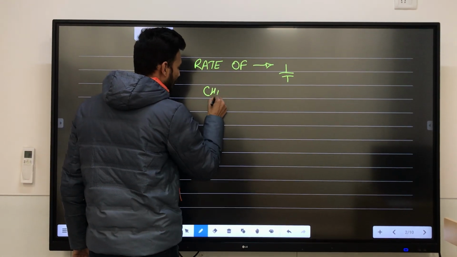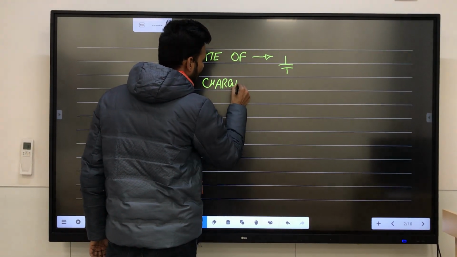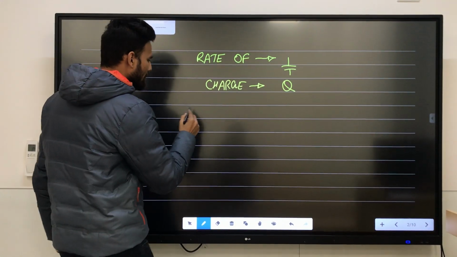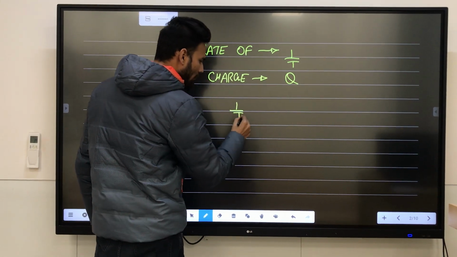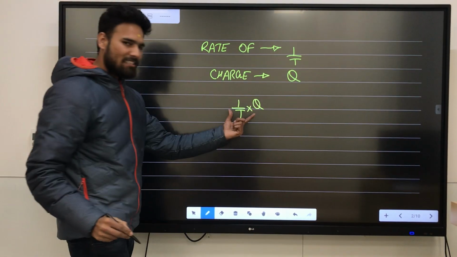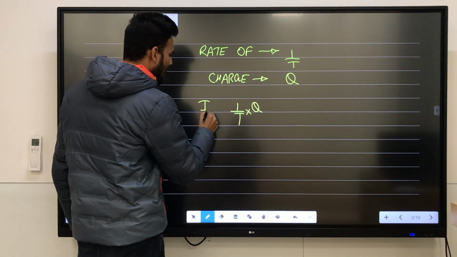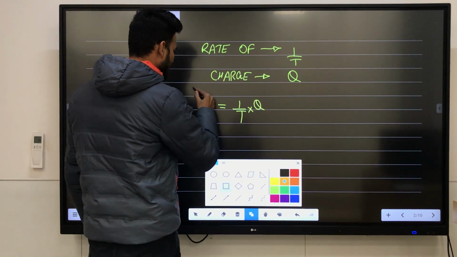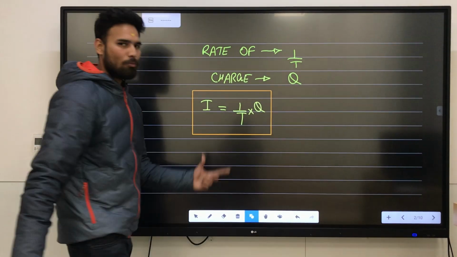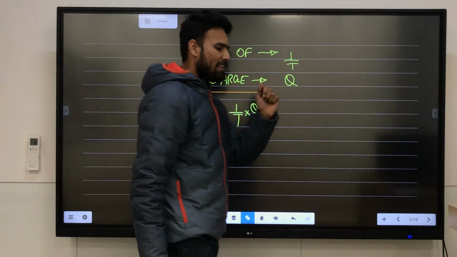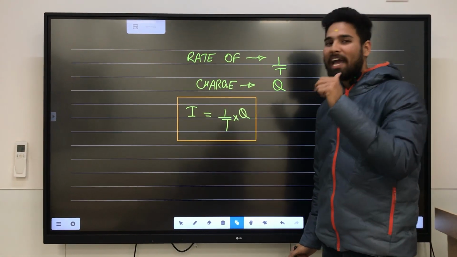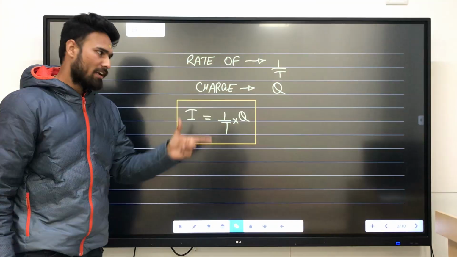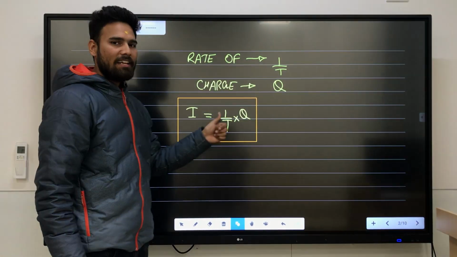The charge is represented by Q. So the rate of flow of charge is Q by t, and this is called current. Current is denoted by I. So here we have the relation between I, Q and t, that is I = Q/t. So the rate of flow of charge through any cross section of a conductor is an electric current.